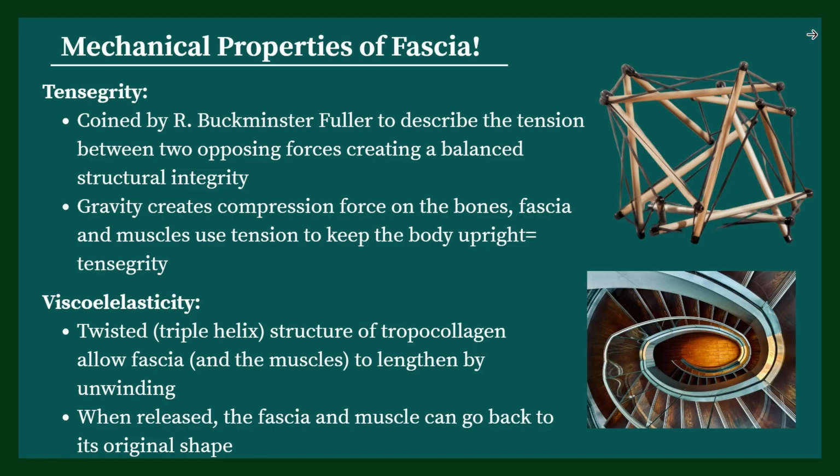Okay, so properties of fascia. There's a term that you'll need to know called tensegrity. You might be tested on that. It was coined by, I can't remember exactly, he was a polymath, but Buckminster Fuller. I think he was an architect. So he describes tension between two opposing forces as creating a balanced structural integrity.